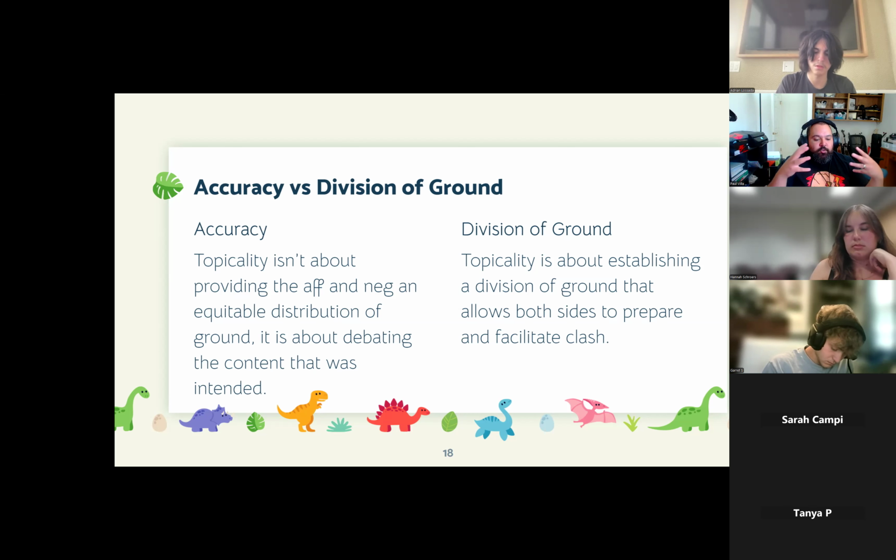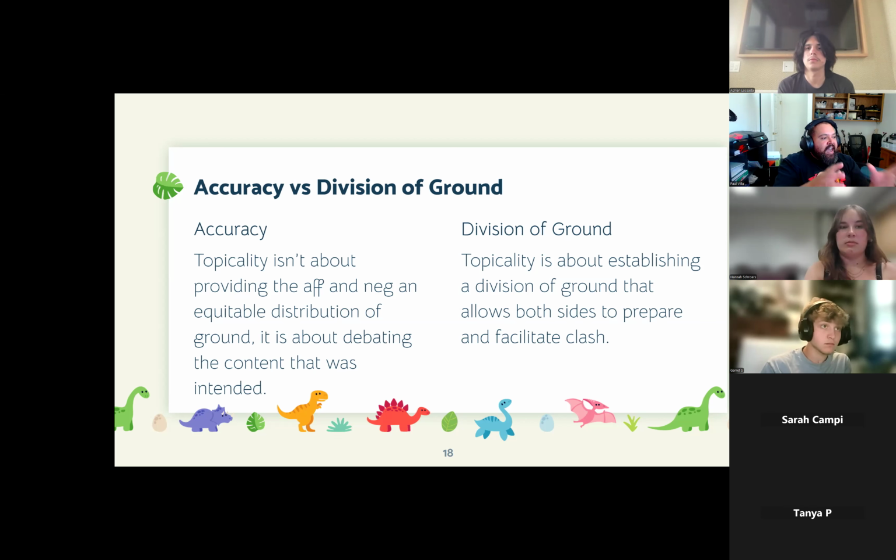To facilitate the debate to occur. This understanding could be very useful when we're talking about critical education standards, right? Because we're not saying there can't be room for critical education in the debate. We're just saying that that falls on the negative side of the division of ground as opposed to the affirmative.